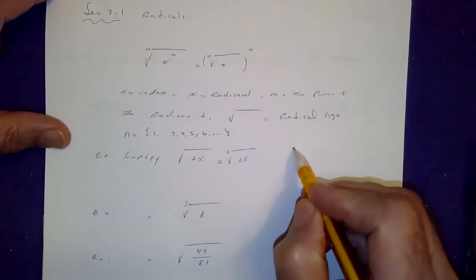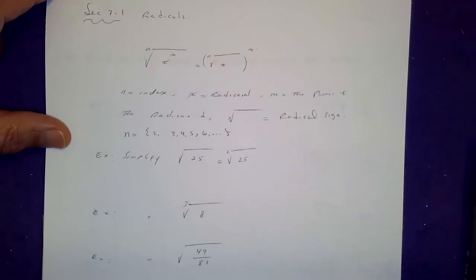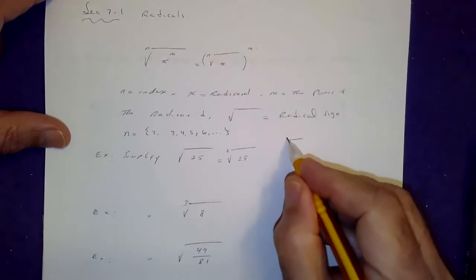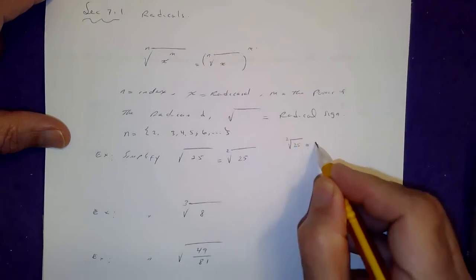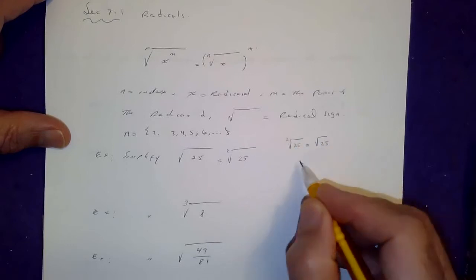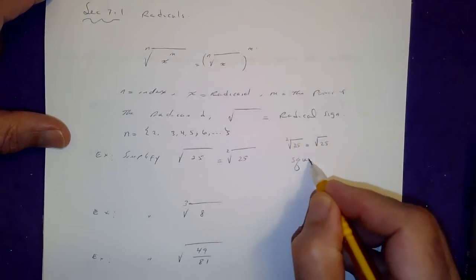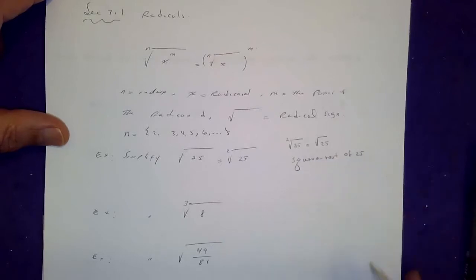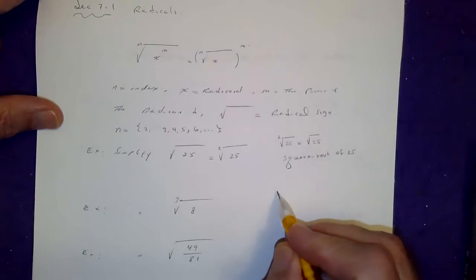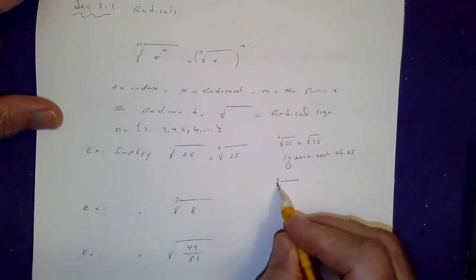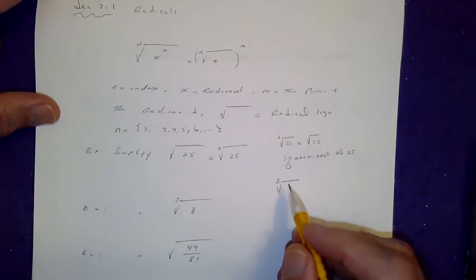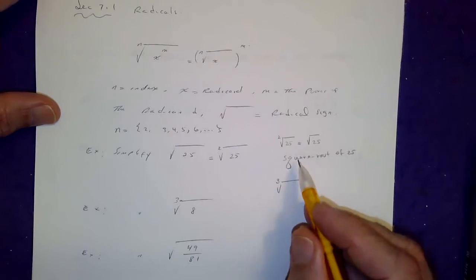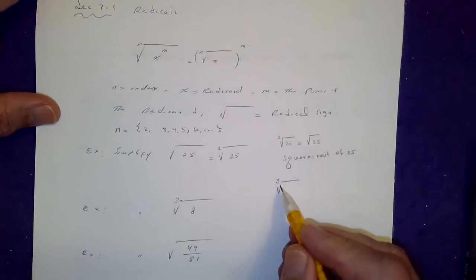Remember, if the index is 2, sometimes by default they don't even show the 2. So you would read this as square root of 25. If they have any index in mind besides 2, they have to show it.